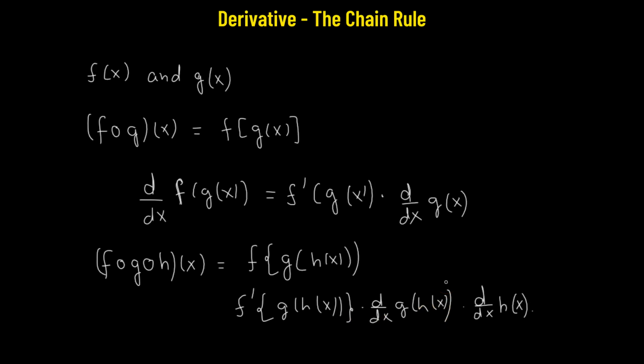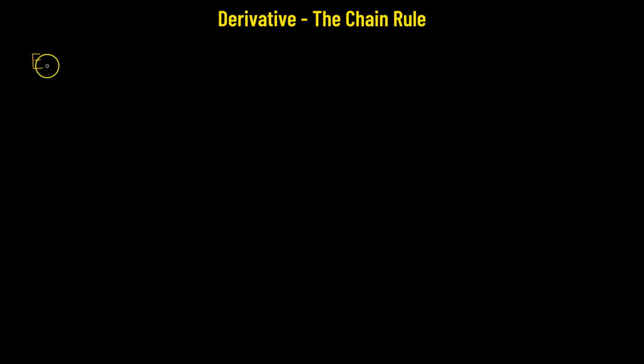So let's try out this particular method. Example number 1. Let's say we have a function f of x, which is given by (7x plus 3) raised to the power of 8. We need to obtain the derivative of this function with respect to x.